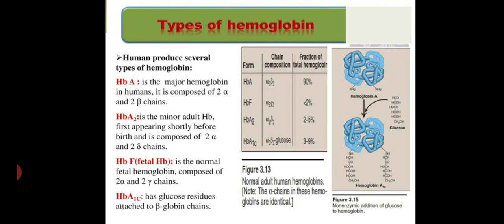HbA2 constitutes about 2.5% of the total hemoglobin content of the adult. And the next is HbF. HbF is the normal fetal hemoglobin, composed of 2 alpha and 2 gamma chains.